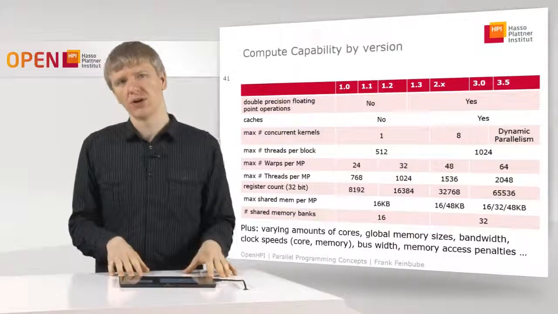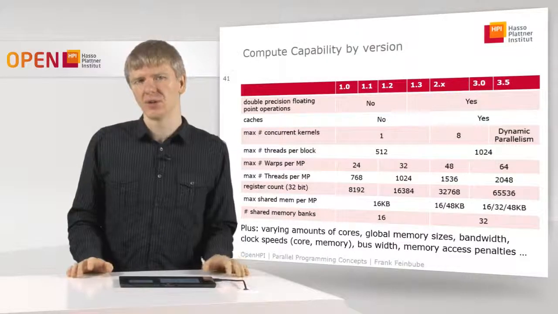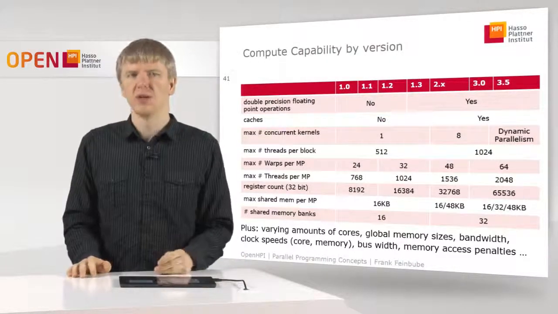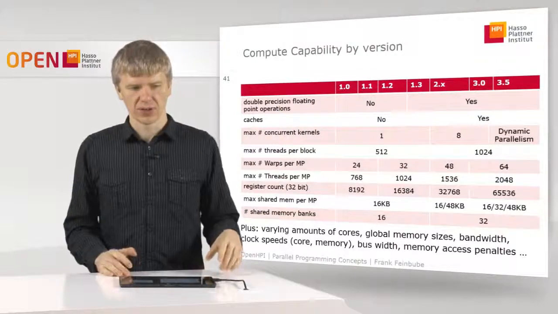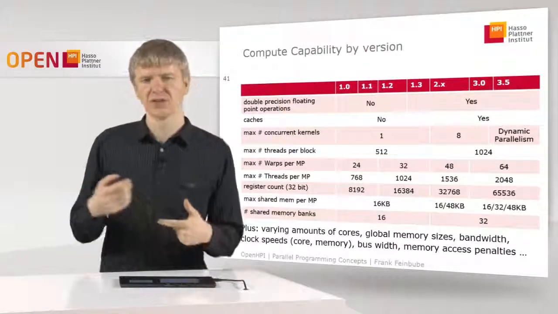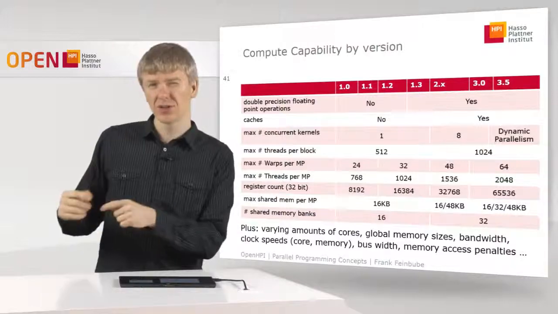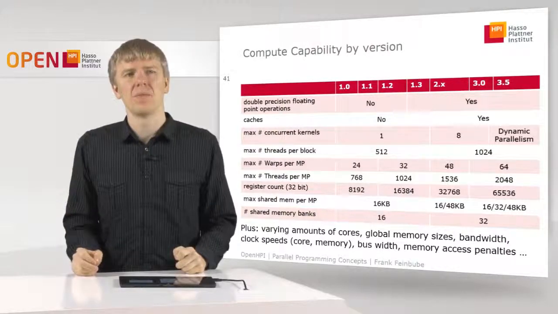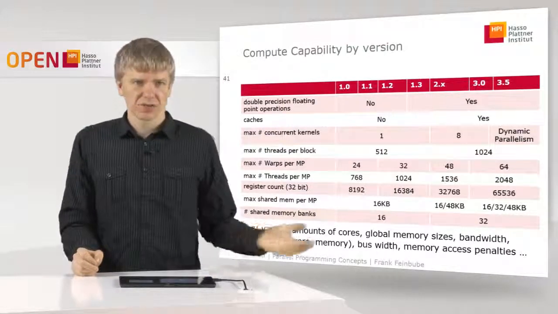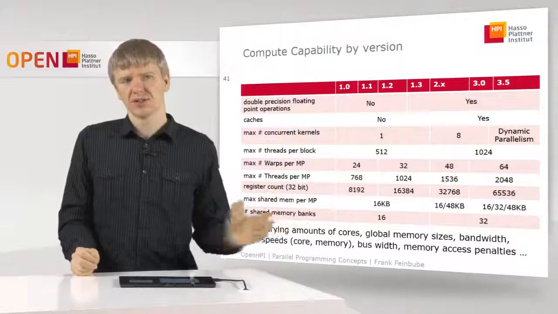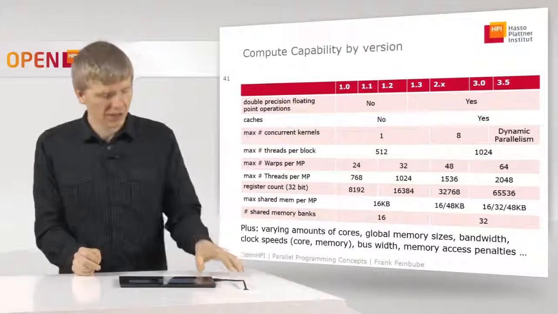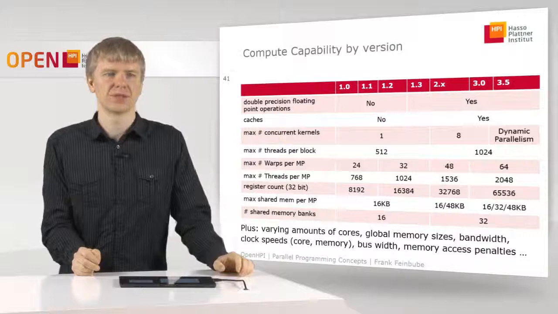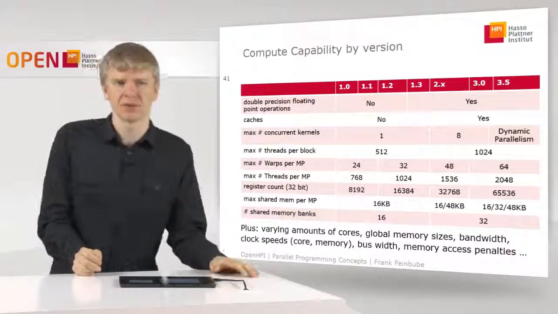Or you could have one where 8 different kernels run. Or one of the very modern ones where you could even have new kernels that are spawned on the GPU itself. You could have different sizes of registers, different sizes of the cache that you can configure. Sometimes it is configurable, sometimes it's not.